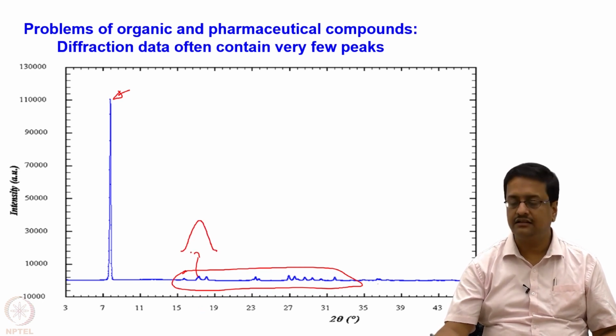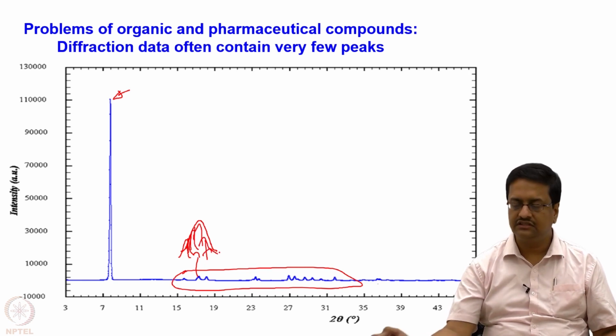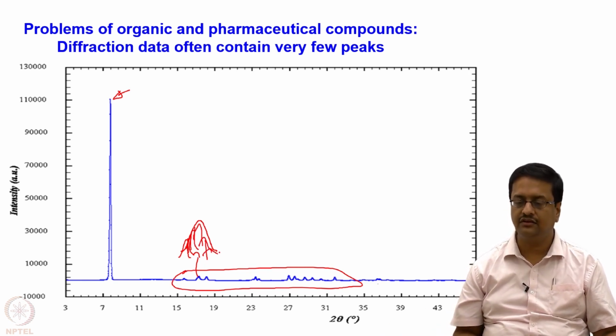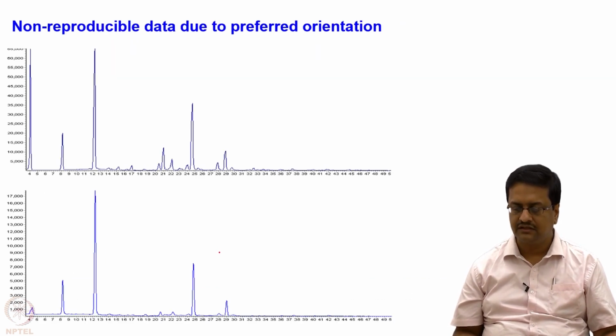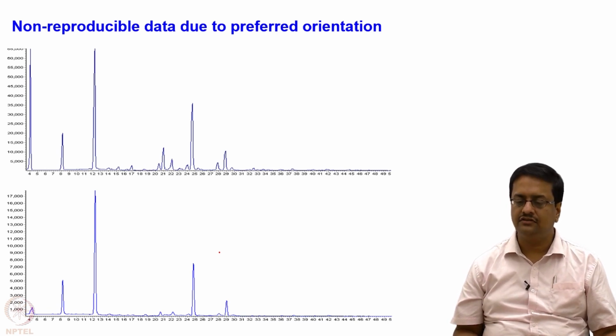This indicates that a large number of d values are hiding in between here and there. It may be a combination of several such peaks. So this becomes a difficult process to get indexing done on this type of samples. It may be the case where it is non-reproducible data due to preferred orientation effect.